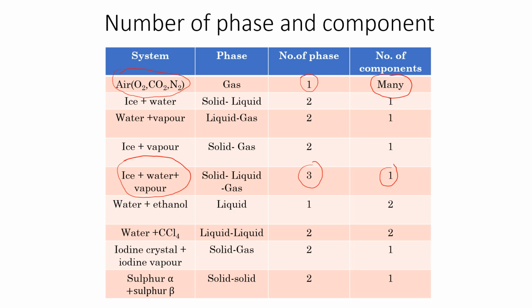Let's say we have sulfur alpha and sulfur beta. This system has the same substance, because the difference is only in the type of the sulfur. We put here one component, but two phases.